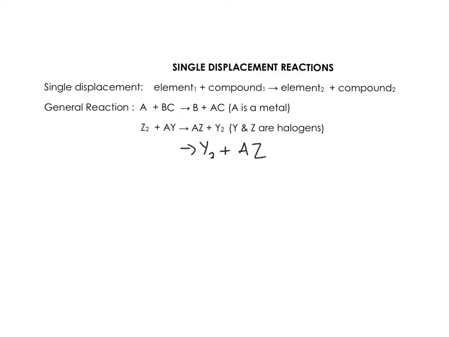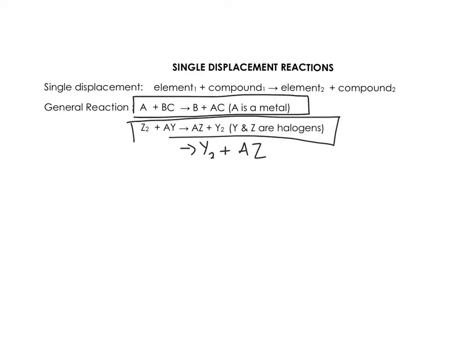At the moment, neither one of these two general reactions are balanced. This is just a general representation of what is happening. So if your element is a metal, and if your element is a halogen.